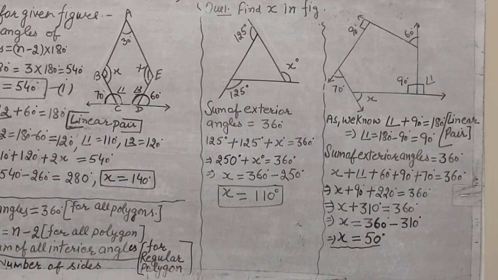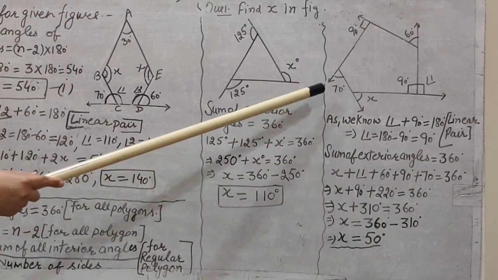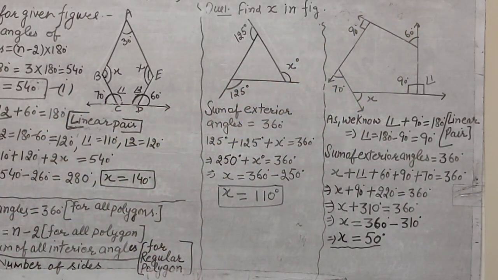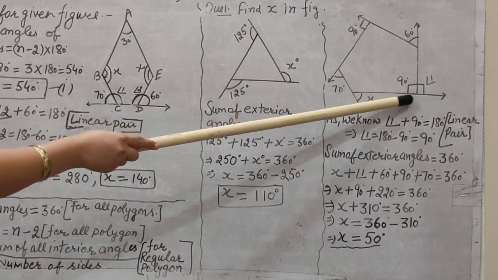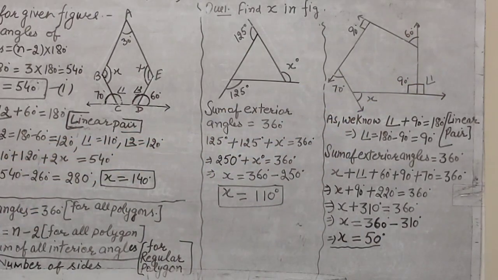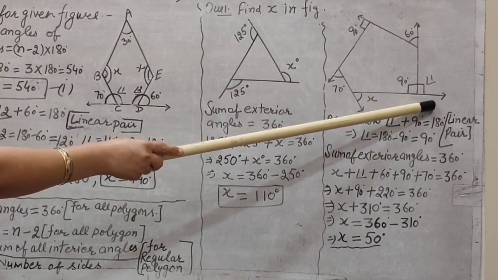Alright, now how can we find this exterior angle? Because to find one exterior angle, we want to add all the exterior angles using the exterior angle property. Now, angle 1 can be found out with the help of the linear pair or the straight angle property, in which we can use angle 90 plus angle 1.